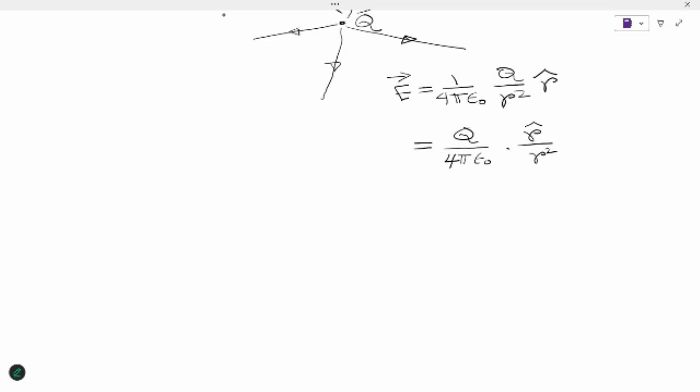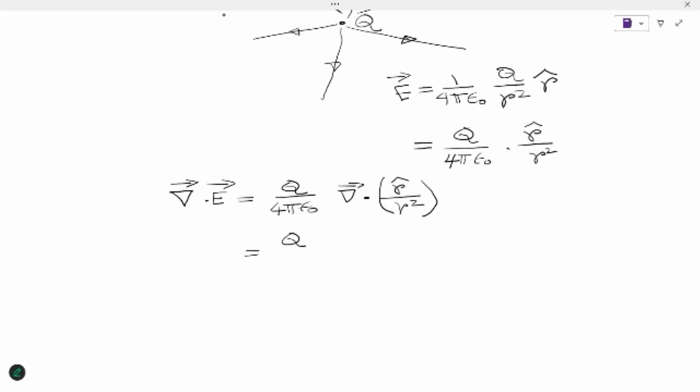So when we take divergence of this electric field, this becomes Q by 4 pi epsilon naught times divergence of r cap by r square.